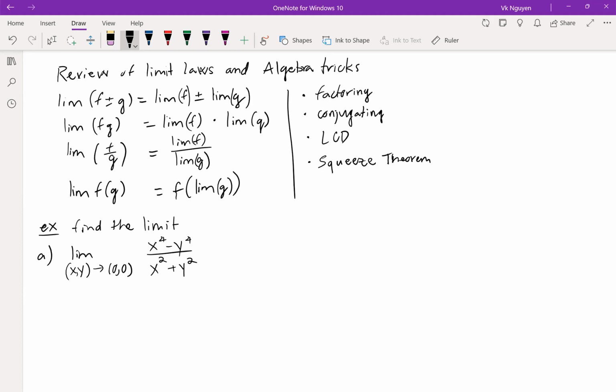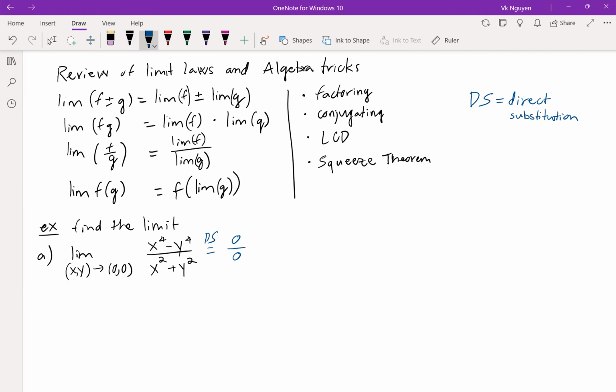Okay, so what is going on here is that if you just blindly do the substitution, I'm gonna call DS direct sub here, if you blindly do the DS here, you're gonna get 0 over 0.